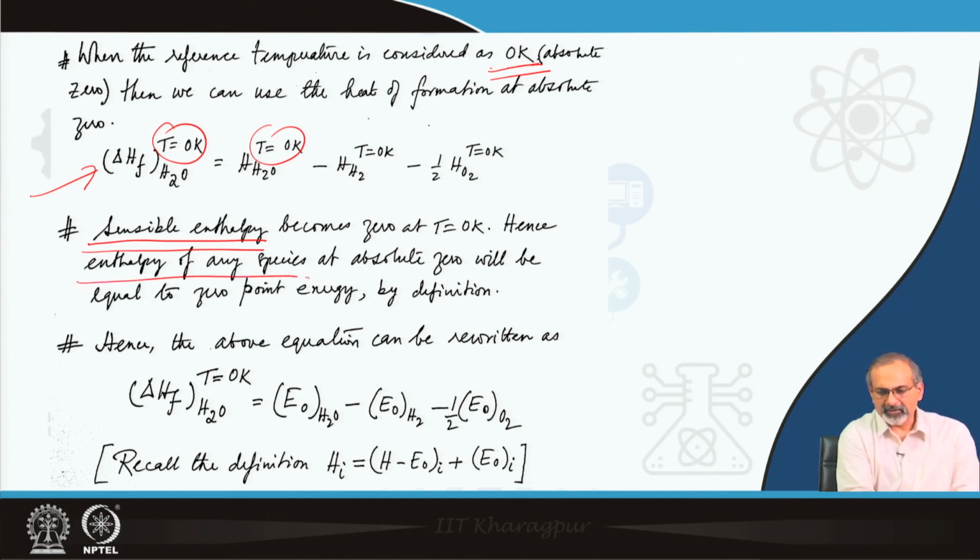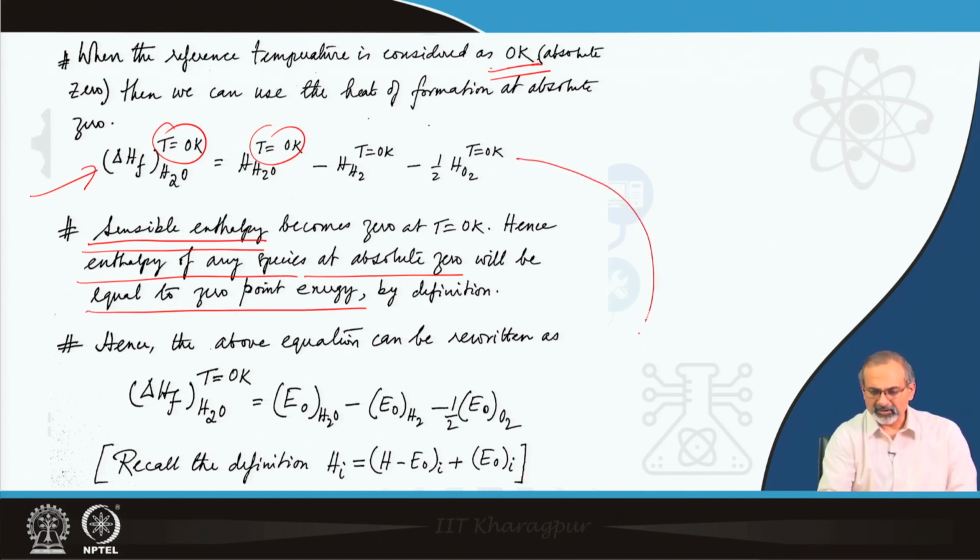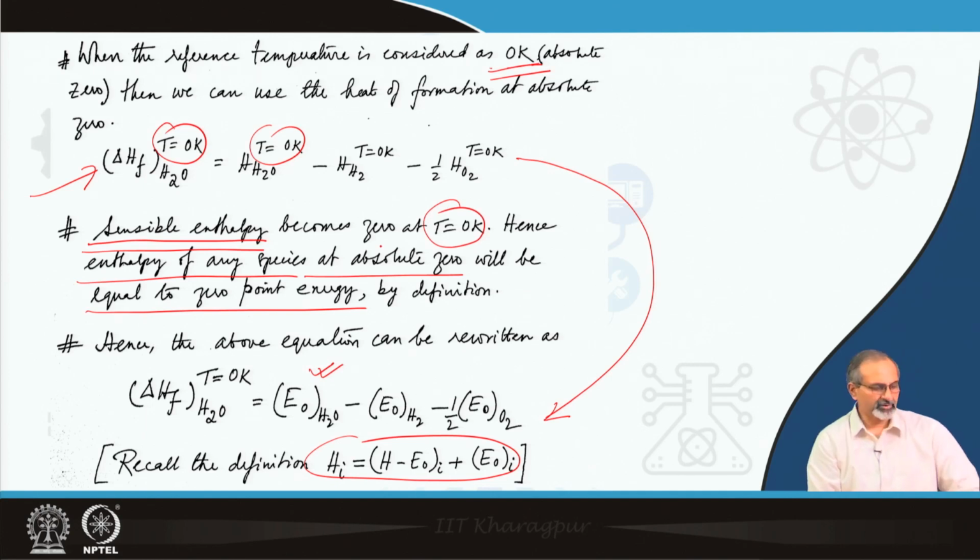The enthalpy of any species at absolute 0 will be equal to the 0 point energy by definition, which basically means that this equation could be reinterpreted in a form like this. It comes from this particular form for H I, which we had discussed earlier. That means, straight away the H terms can be replaced by their E naught terms, because we have reduced the reference temperature to absolute 0.